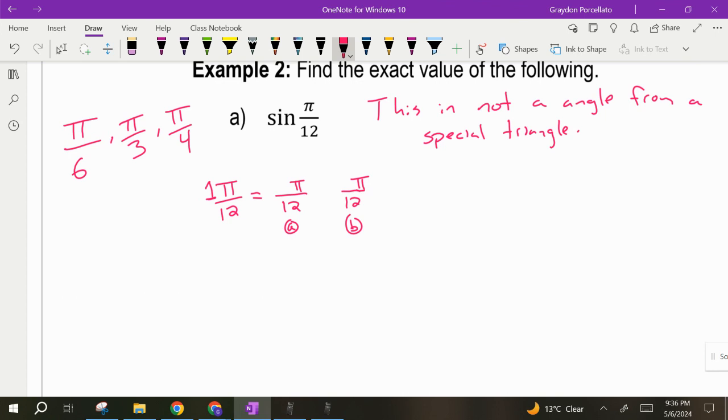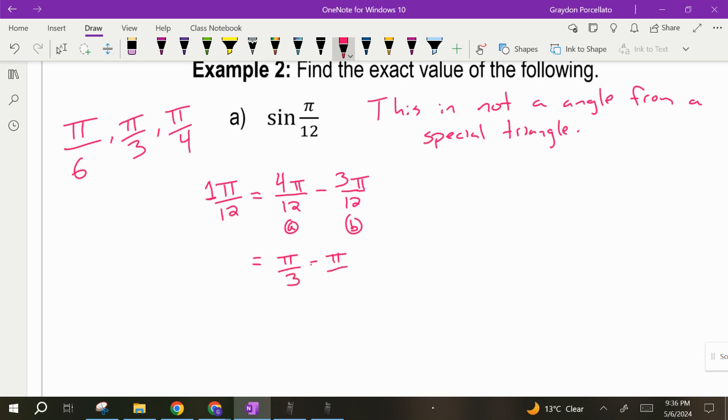Looking at those pieces of information, I can see that 4 pi over 12 minus 3 pi over 12 is 1 pi over 12.